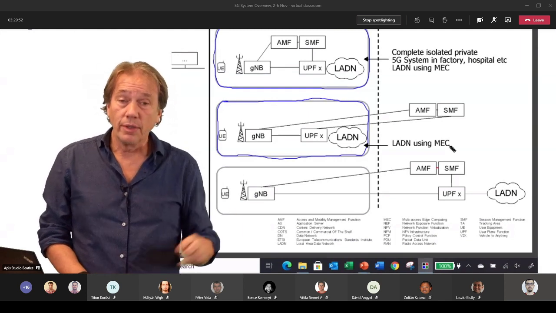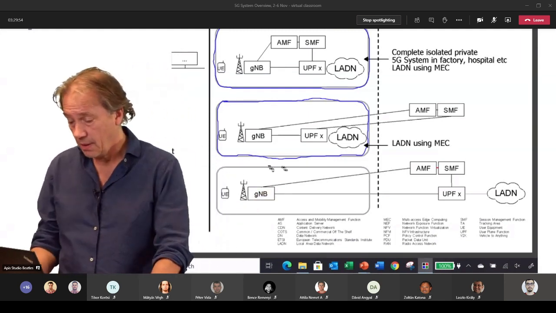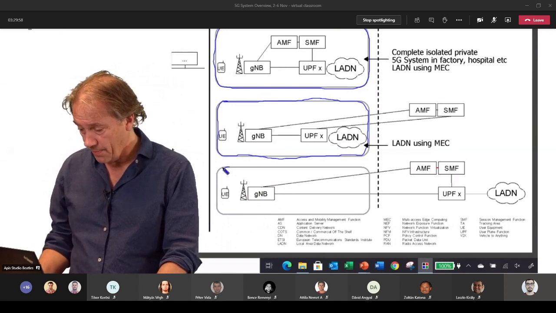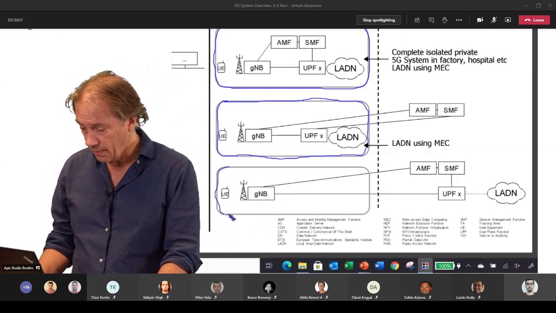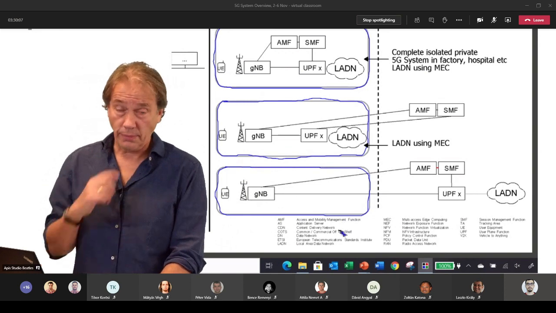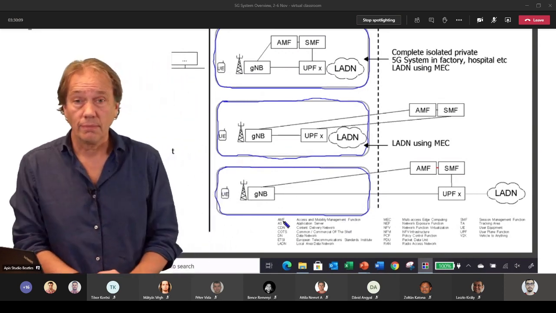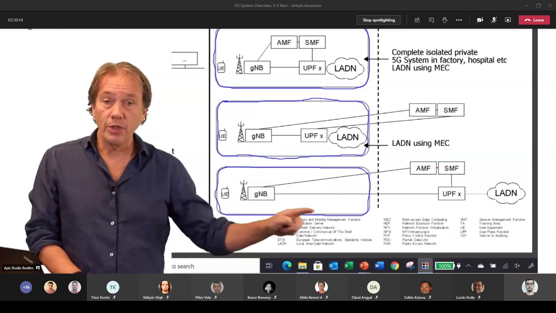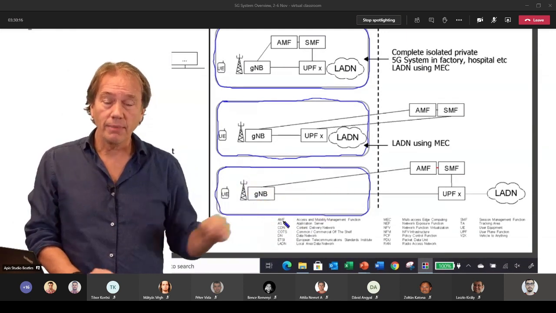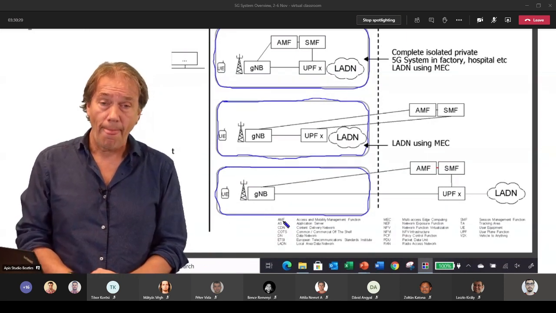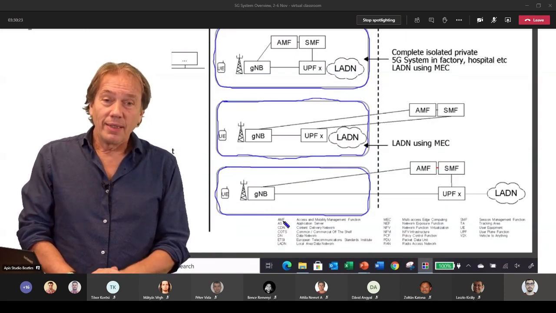And of course, the third example here, inside the local area data network, we have, obviously, the UEs, because the UEs need to be inside this area to be able to use and contact the local area data network.